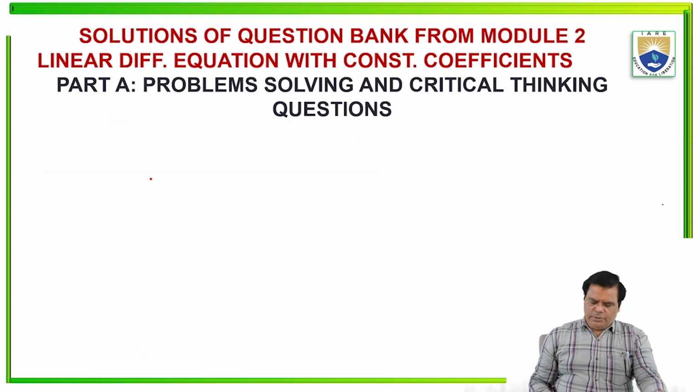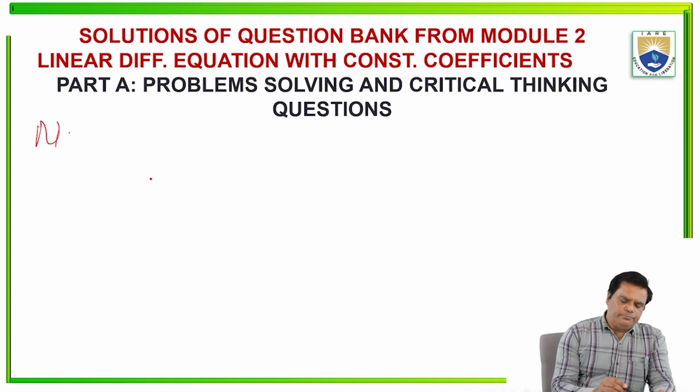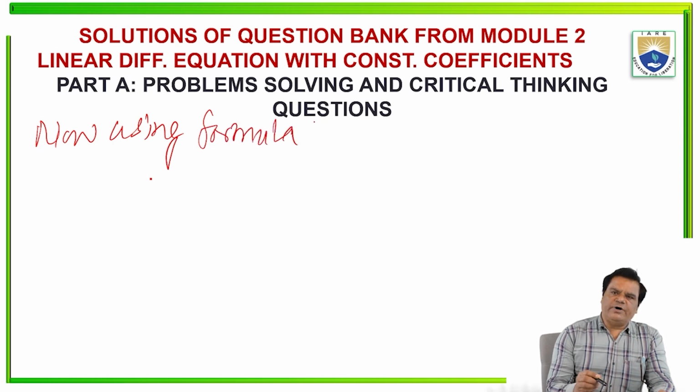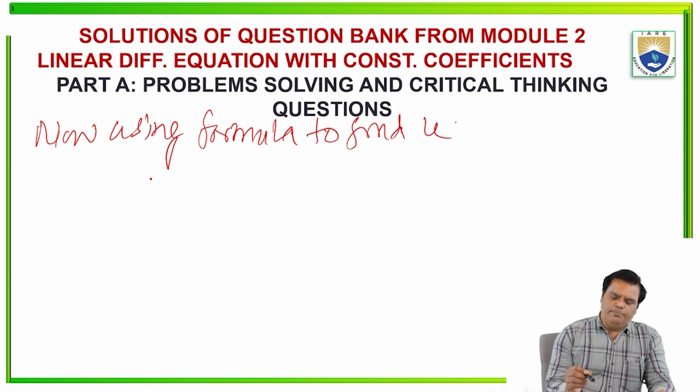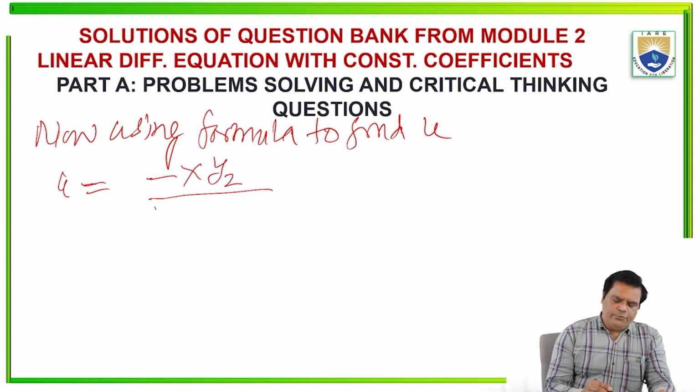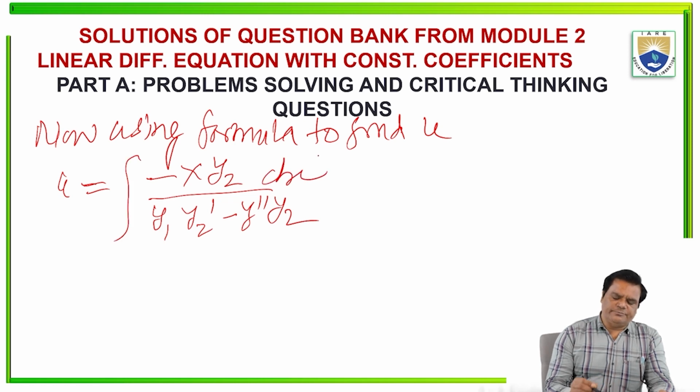Now using the formula to find u: u equals minus the integral of x y2 upon (y1 y2 dash minus y1 dash y2) with respect to x.